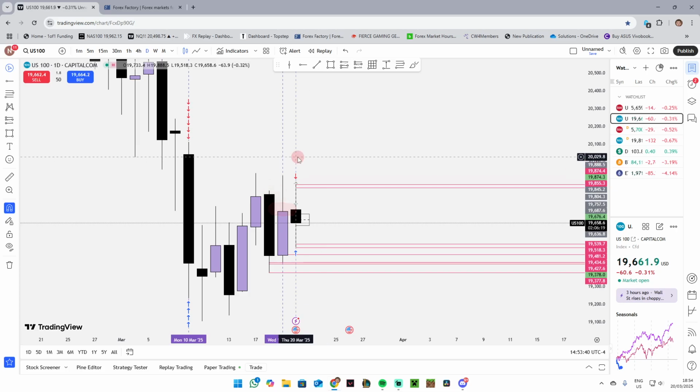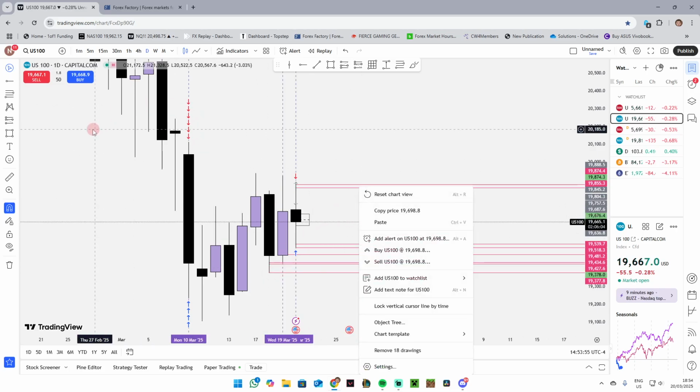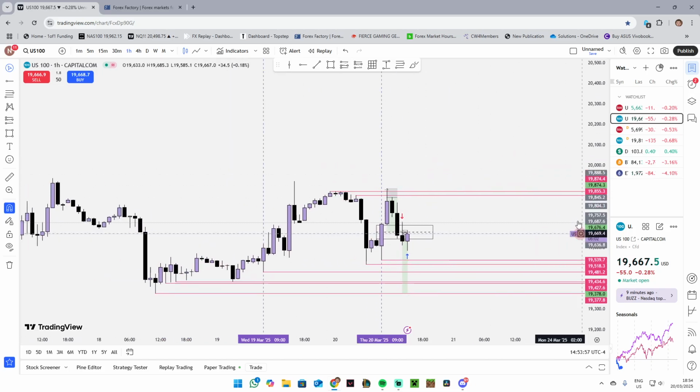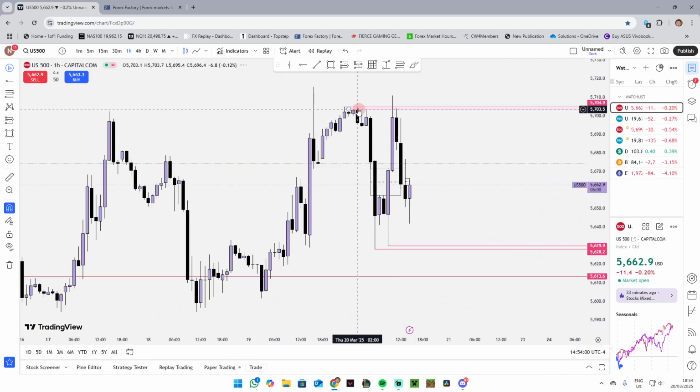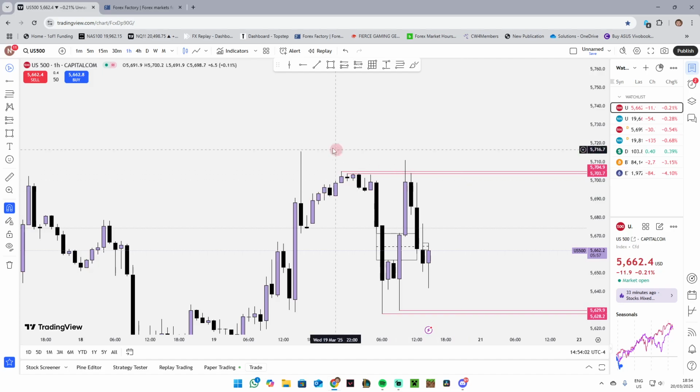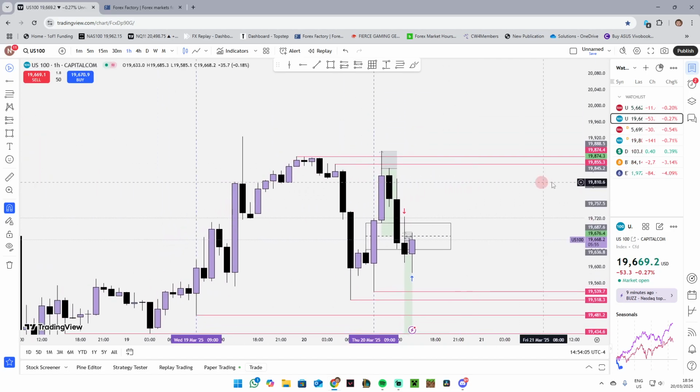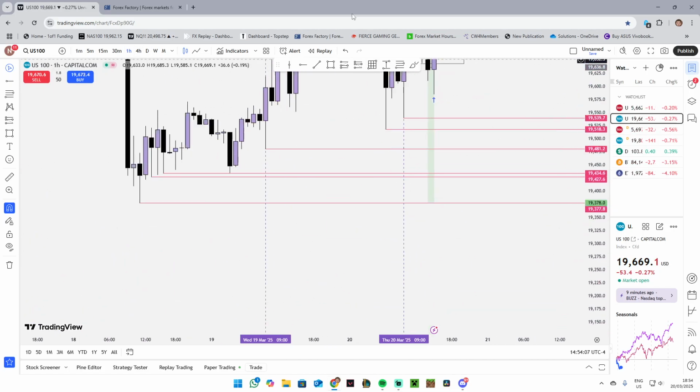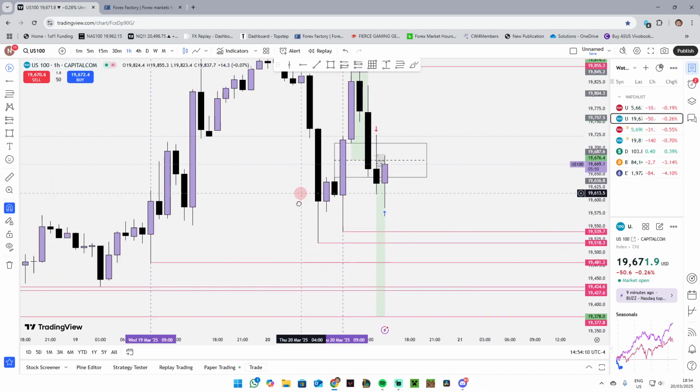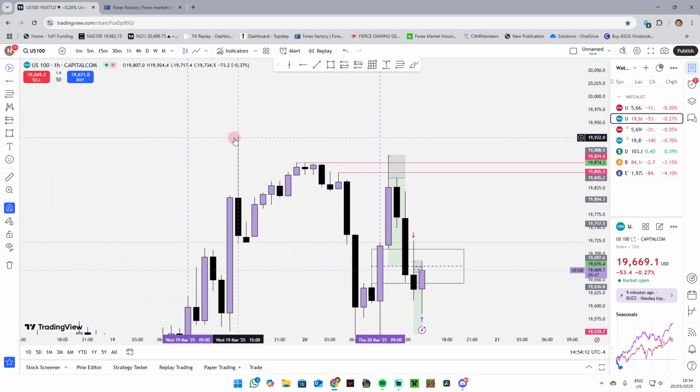What I was looking for were these daily lows, the previous day lows and this daily low in general, to get taken out for the day. Although we did have hella relative equal highs, my draw was lower. So I was expecting price to come out and take liquidity here, here, here, whatnot.